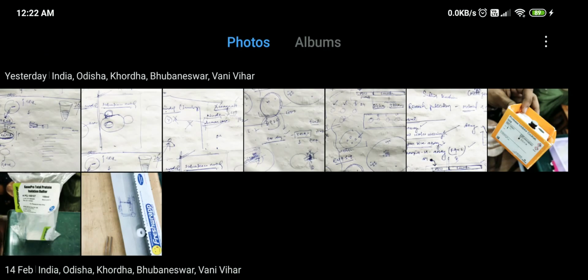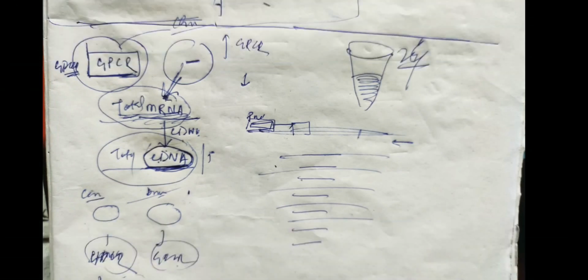Then you put in your primers, the forward and reverse primer, which are very specific to that gene, and place all those complementary DNA in the real-time PCR.